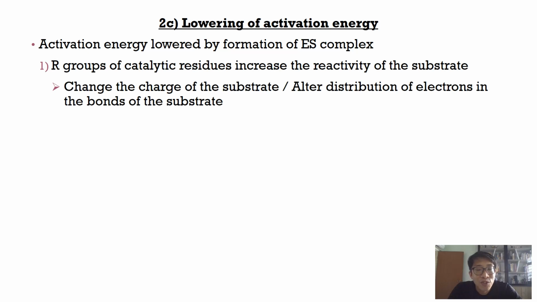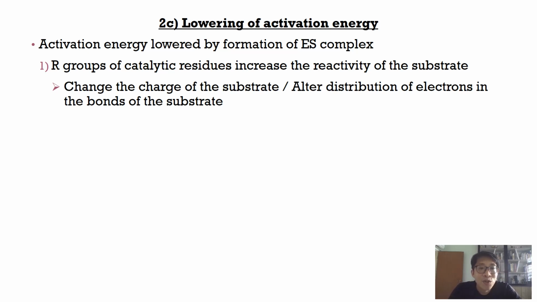Okay, so just now when we looked at the active site, we looked at the presence of the catalytic residues. So when the substrate binds to the active site and causes the conformation change, as explained by the induced fit hypothesis, the substrate fits more tightly or more snugly in the active site.